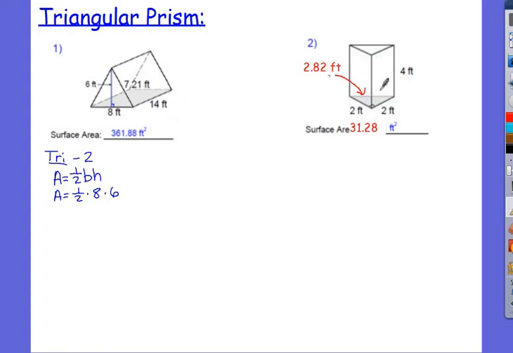Look at number 2. Look at the triangles formed on number 2. It is a little different than triangles here. What would the base of this triangle be? 2. It's attached to that right angle. The base is 2, and the height is 2.